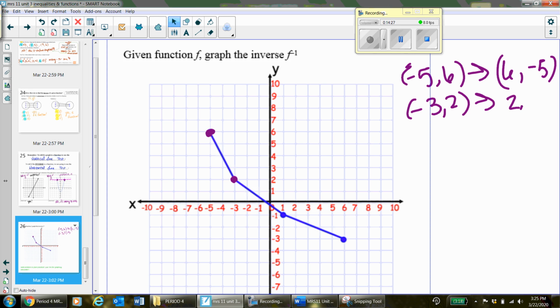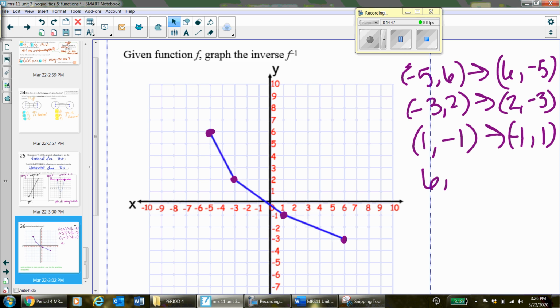The inverse would be 2, -3. This point here is 1, -1. The inverse would be -1, 1. And this point here is 6, -3. The inverse would be -3, 6.